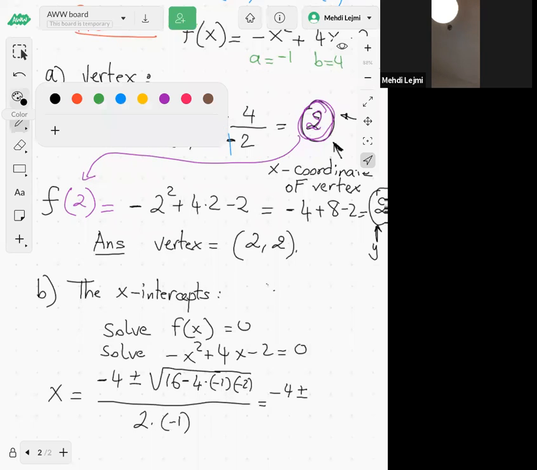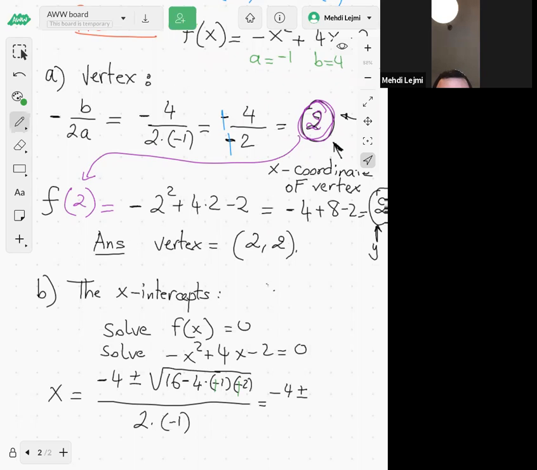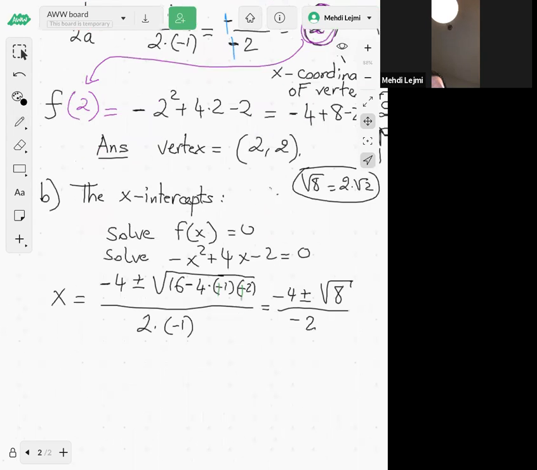So that's negative 4 plus or minus. Minus 1 times minus 2 is positive, so that's 16 minus 8, which is 8. So this is the square root of 8 over negative 2. Square root of 8 is not a perfect square, it's not a whole number.